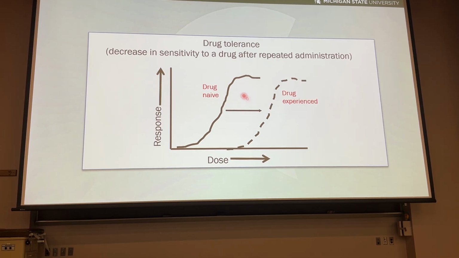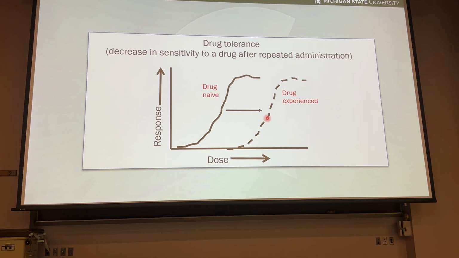But here, when you are inexperienced with a drug, you have a certain response. If you use that drug routinely, you have a different response. Now you can get to the same level, it just takes more, right? So this looks like pharmacological antagonism, but this is drug tolerance, okay?